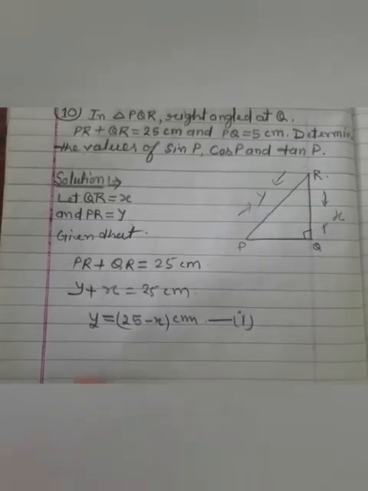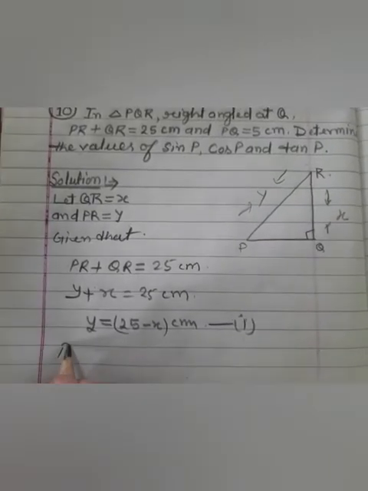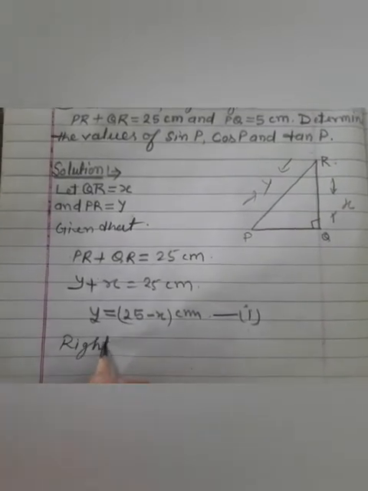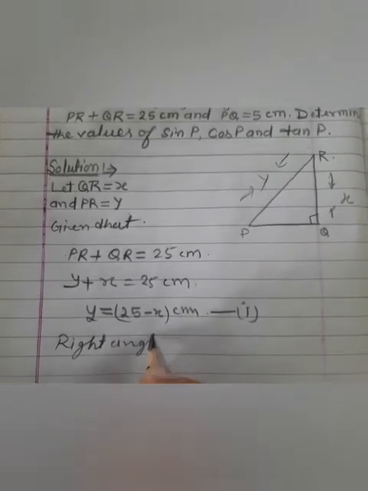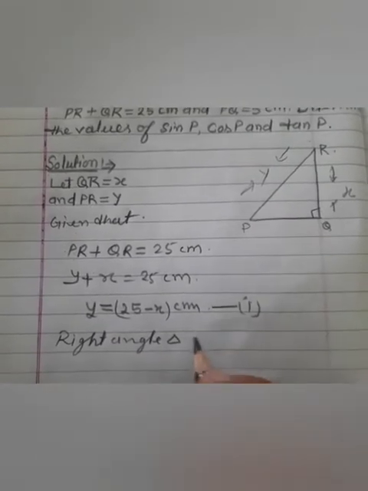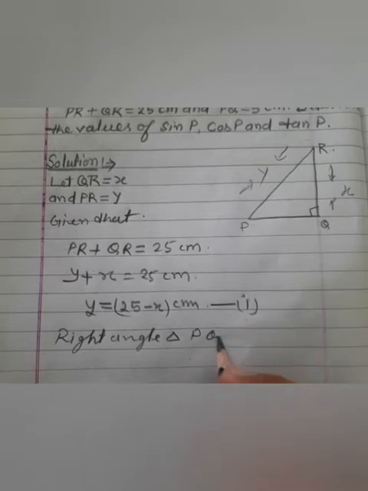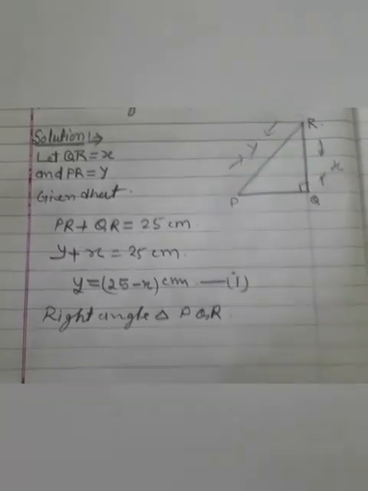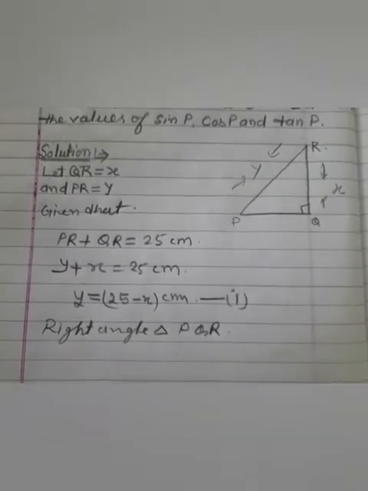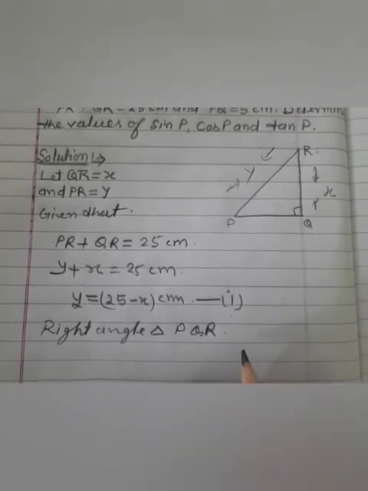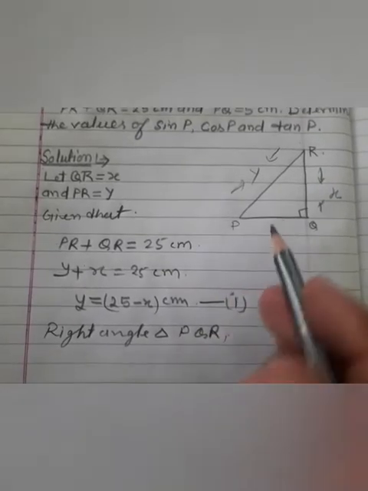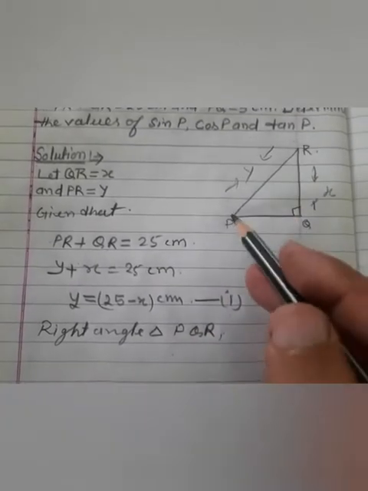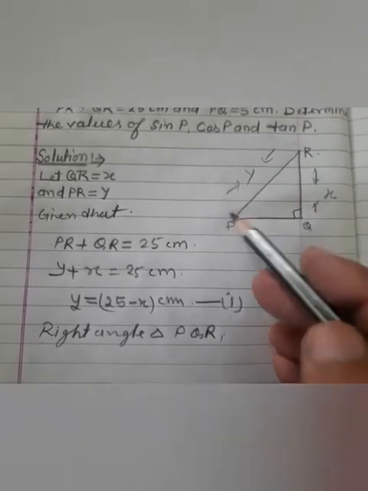Now in right angle triangle PQR, use the Pythagoras theorem. This one is the hypotenuse.